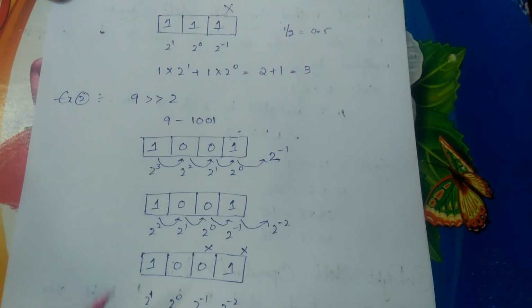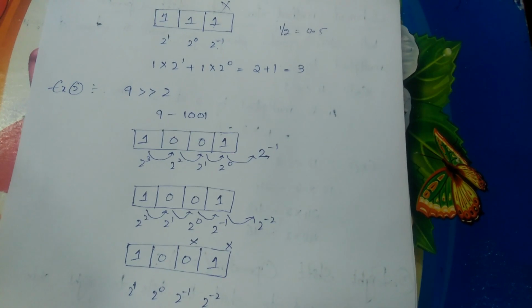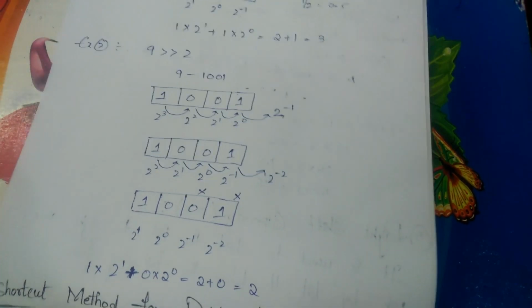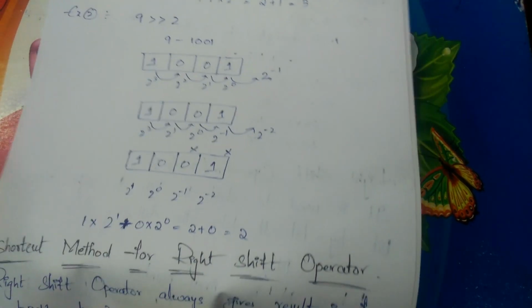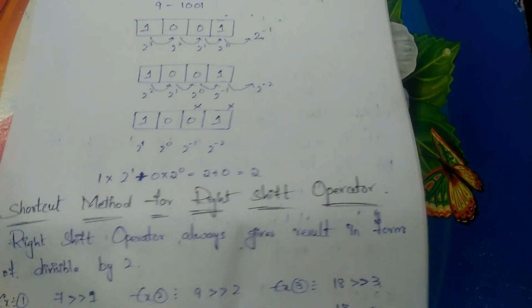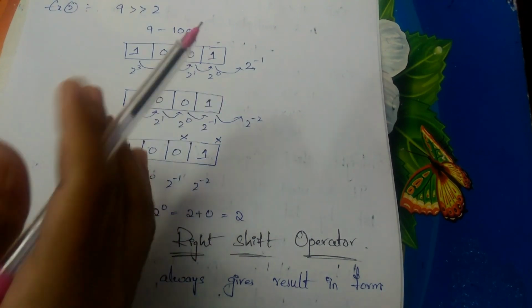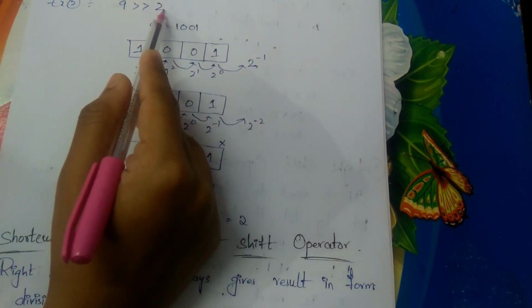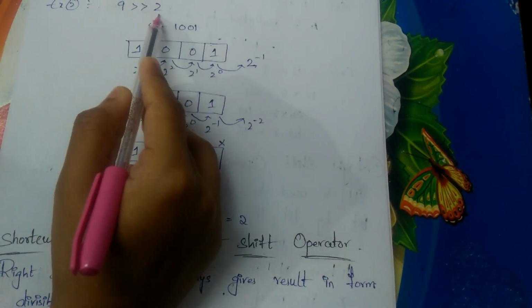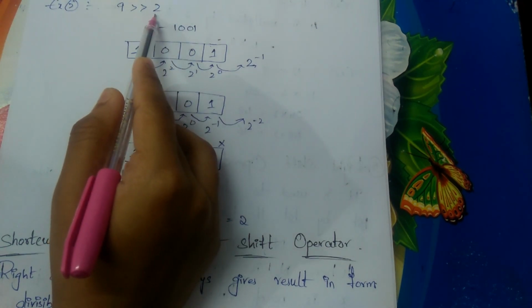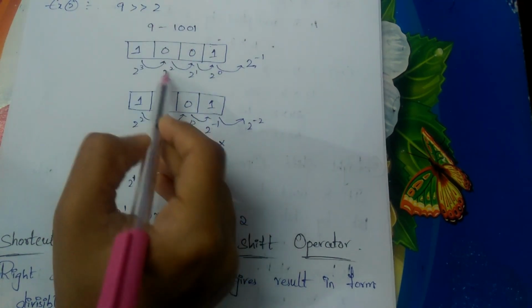Now the second example is 9 right shift operator 2. So 9 binary number is 1001. Now here we have to shift the bits to the right side 2 times. So first we are shifting one time.